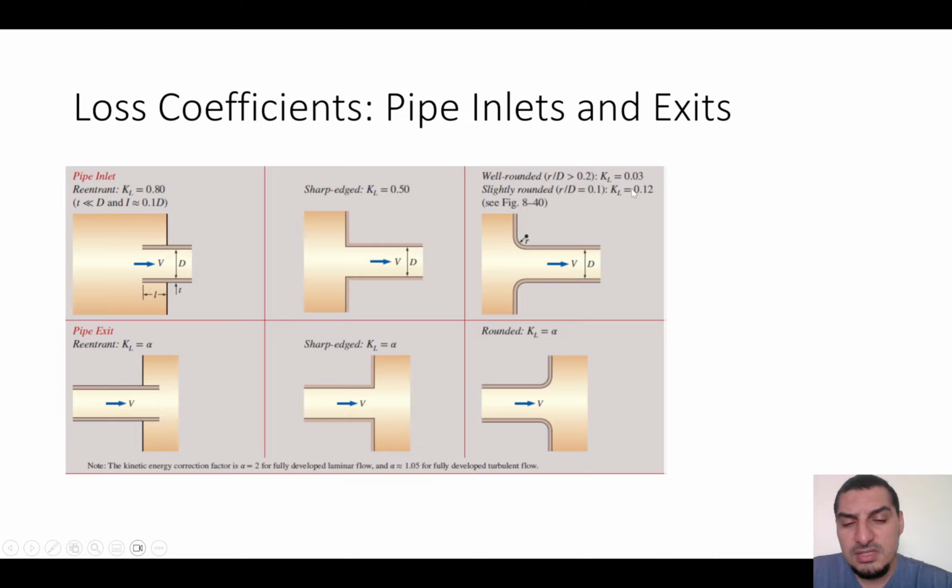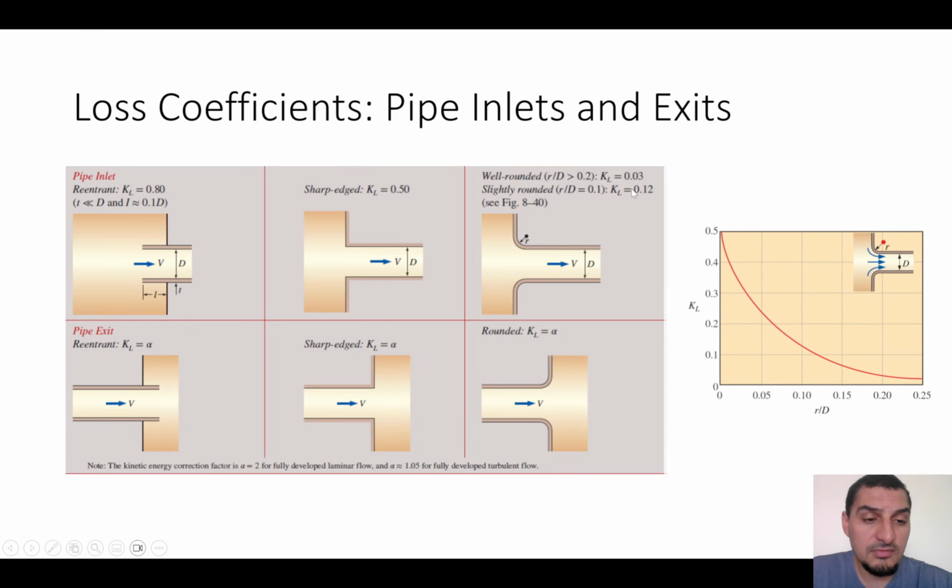Of course, these are just examples. We have a chart that gives us more information. Here you have r over D, which is this lowercase r over the diameter. As the radius of curvature increases, the loss coefficient decreases, which is very much expected. We'll discuss this also in the next slide in more detail.